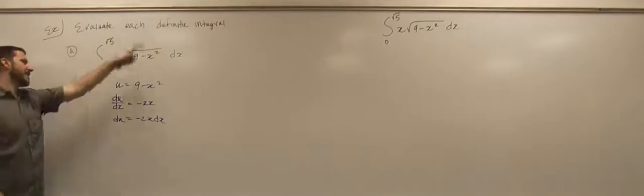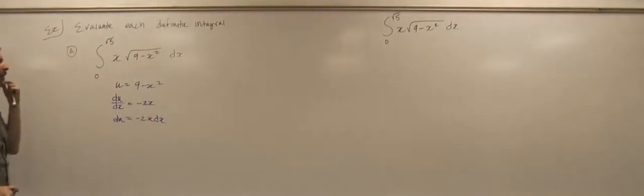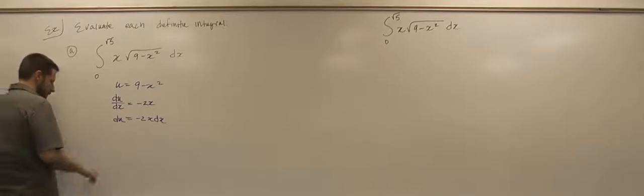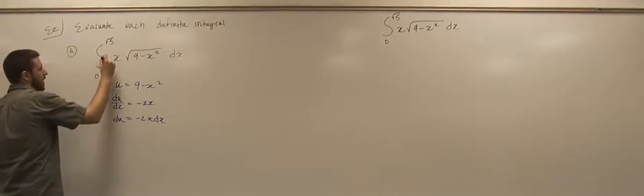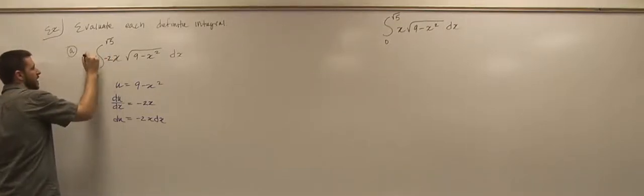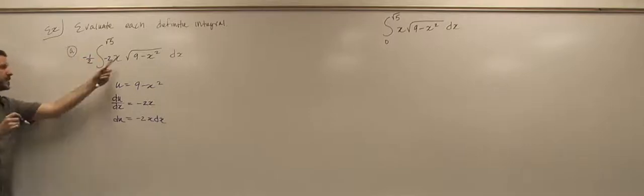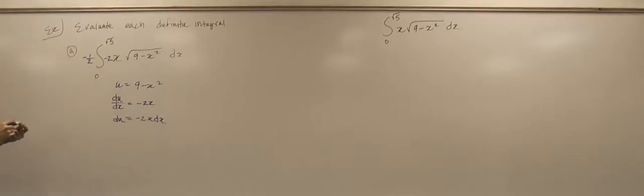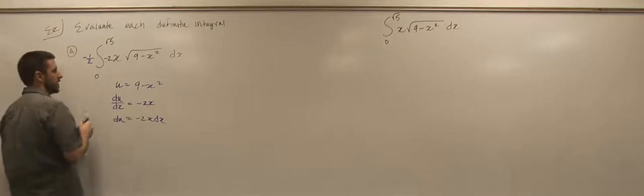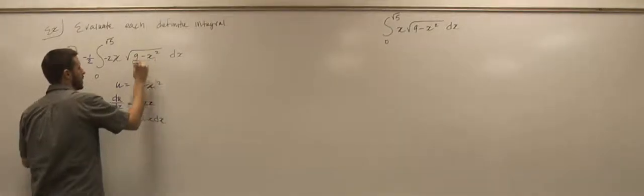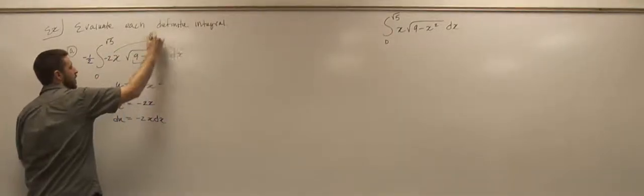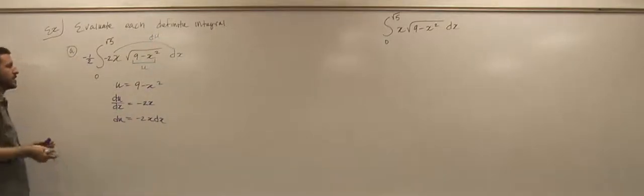Which means in order to make everything work out, you need to put a negative 2 here, and then a negative 1/2 out front to balance it. Because then you have your u inside here, you have your du right here, negative 2x dx.